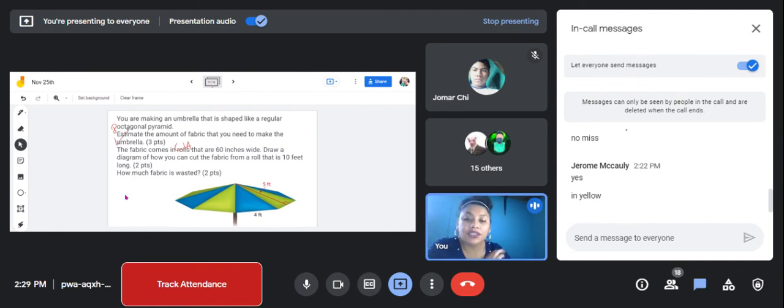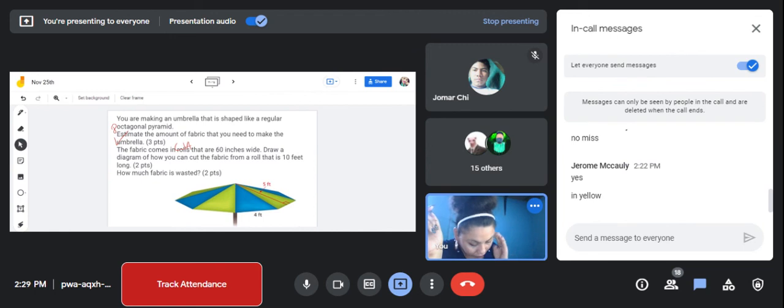The second one and the third one you are going to do by yourselves because I'm just going to explain what you are going to be doing. For number 2, letter B, the fabric comes in rolls that are 60 inches wide. Draw a diagram of how you can cut the fabric from a roll that is 10 feet long.